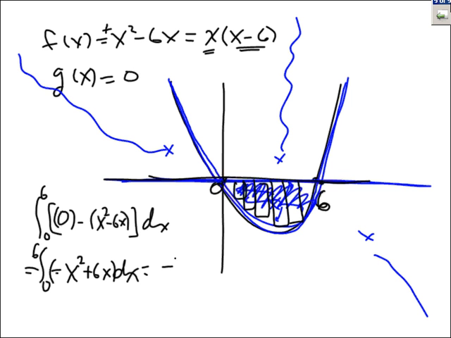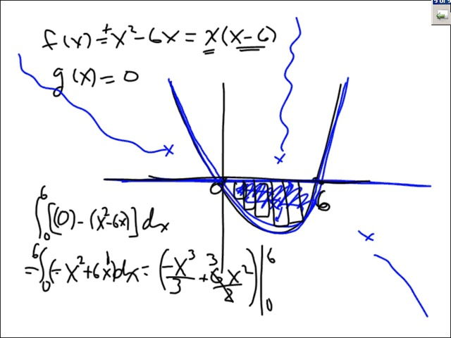Integral of negative x squared, well, you make the power 1 more, you divide by 1 more, plus 6x. The power is understood to be 1, so you get 6x squared over 2. 6 over 2 is 3. So it's just 3x squared. And then you evaluate this between 0 and 6.